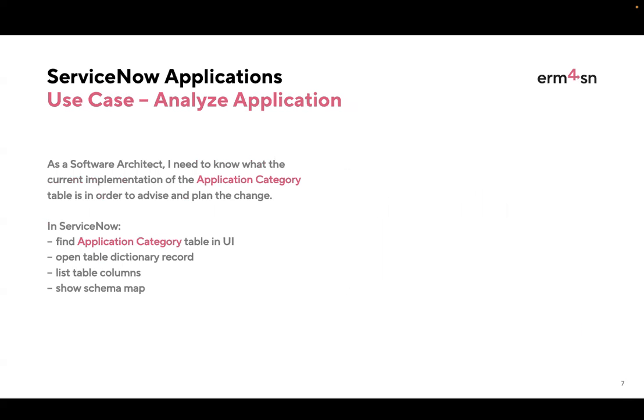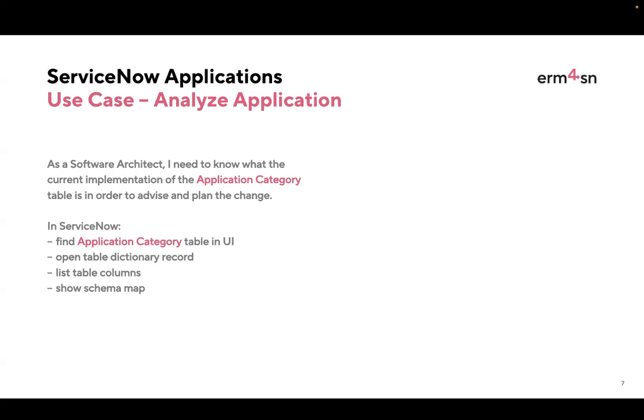So now we are the software architect, and I need to know what the current implementation of this table is, because otherwise I don't know how to implement and advise for the change.